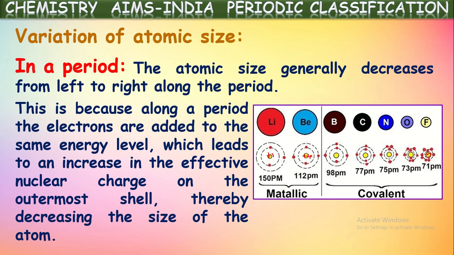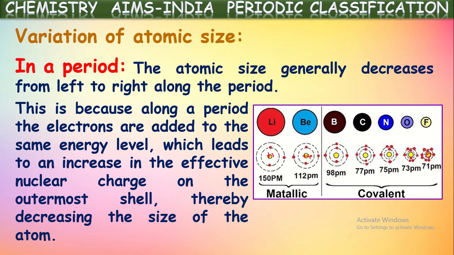So what do we observe here? In a period from left to right, all the elements have the same number of energy levels, but the number of electrons in their outermost shell increases. At the same time, nuclear charge is also increasing.